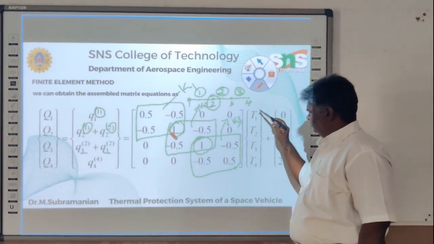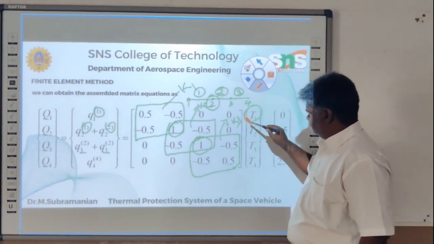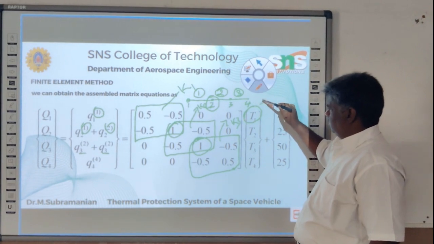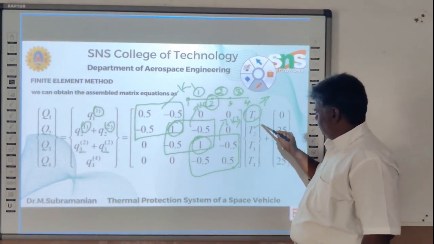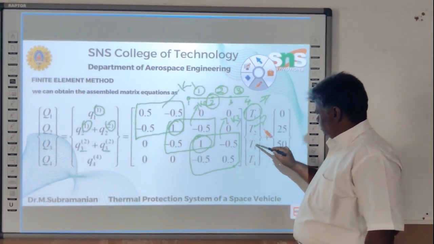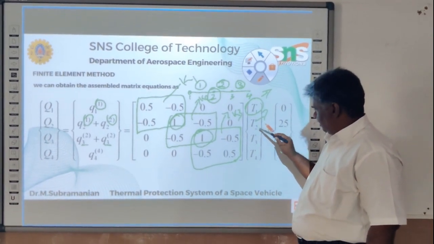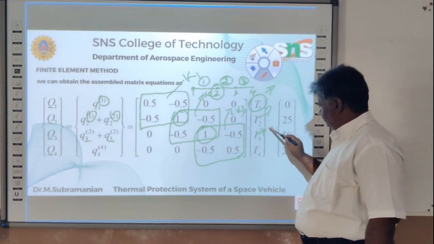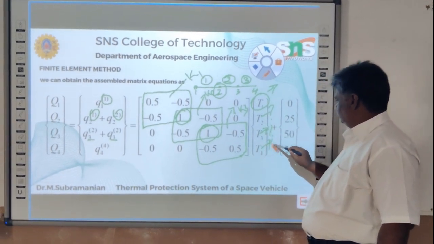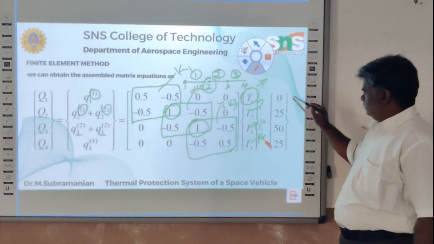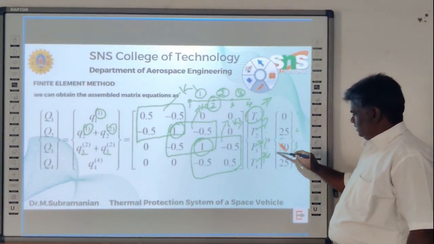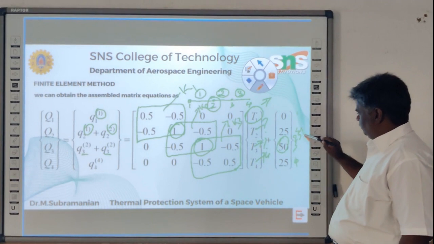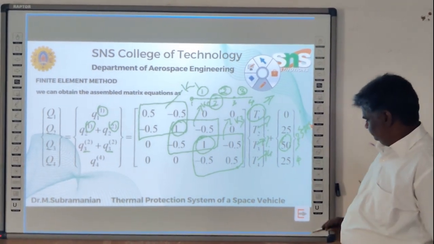So here the temperature T1 is a known value. The remaining unknowns are the temperatures at nodal point 2, node 3, and node 4, that is 1, 2, 3 and 4.